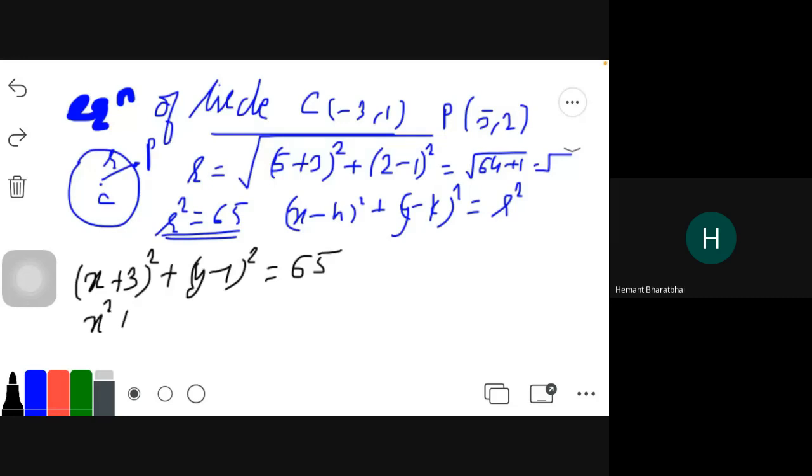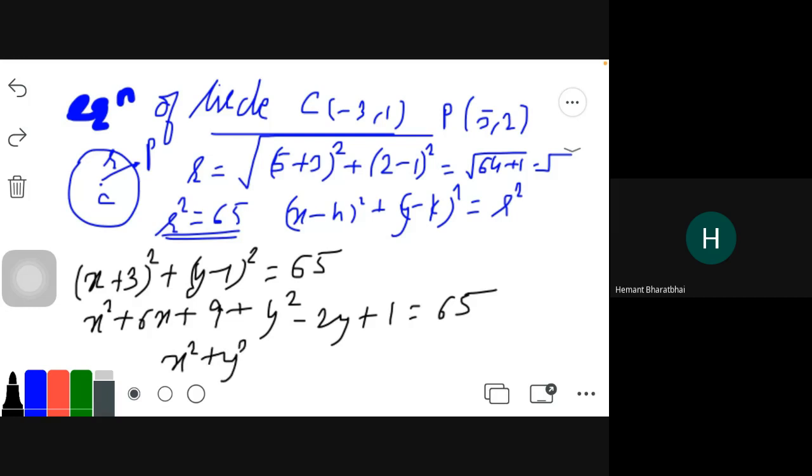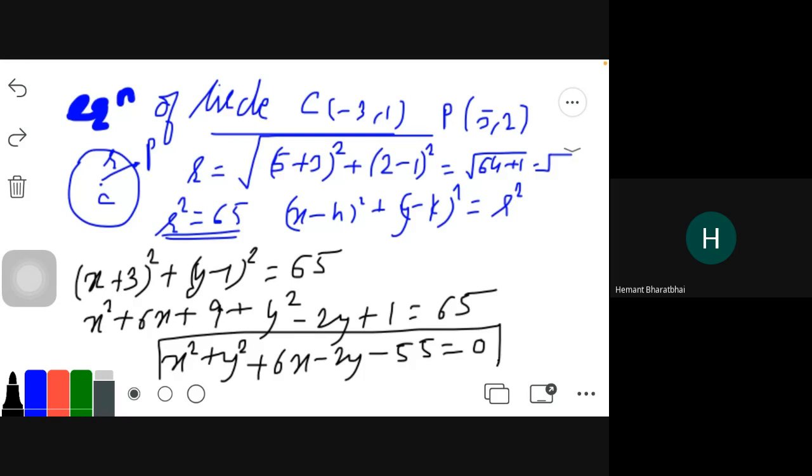I'll get x square plus 6x plus 9 plus y square minus 2y plus 1 equals 65. So I'll get x square plus y square plus 6x minus 2y, 9 plus 1 is 10, 65 minus 10 is 55, minus 55 equals 0. So this is the required equation of the circle.